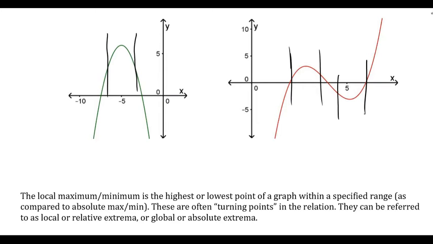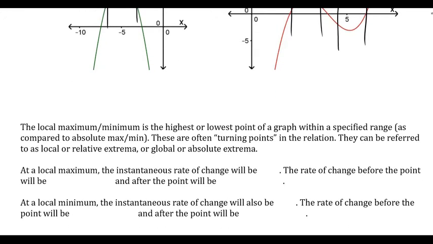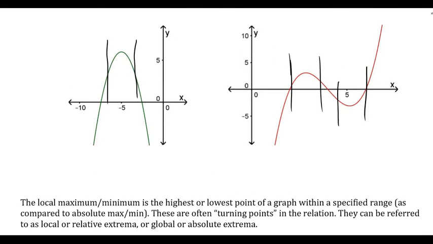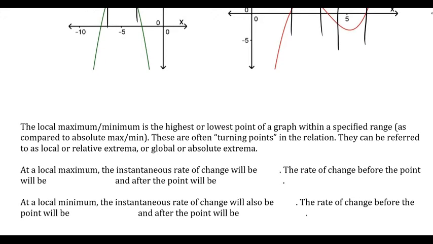So what do we know? These are often turning points in the relation, right? So a turning point is where it changes direction. So this stuff that we've been talking about with rates of change, and in particular, instantaneous rates of change, slopes of tangents, how would that help me determine something to be a local maximum or a local minimum?